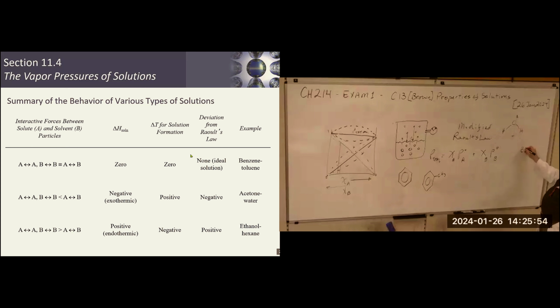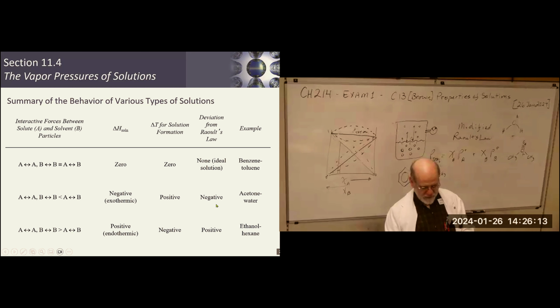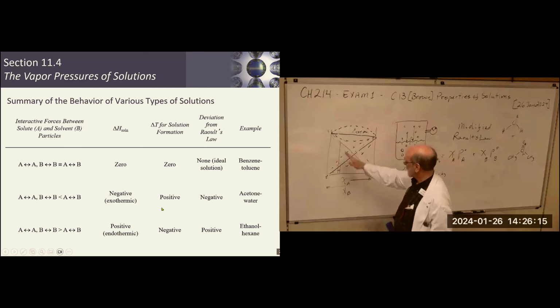Acetone is a double bonded oxygen and then a methyl group here and a methyl group here. So there's some polarity with this bond, and that gives it a slight polar nature. So the interaction between the two has that polar attraction. So the negative behavior for acetone and water gives you this deviation here.